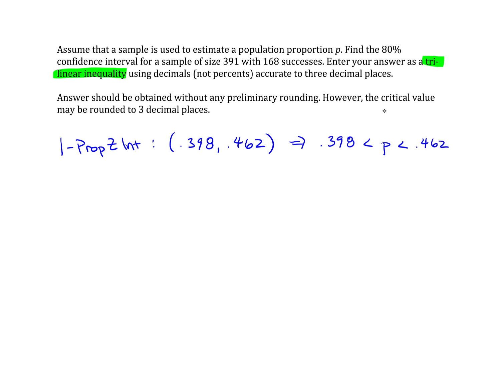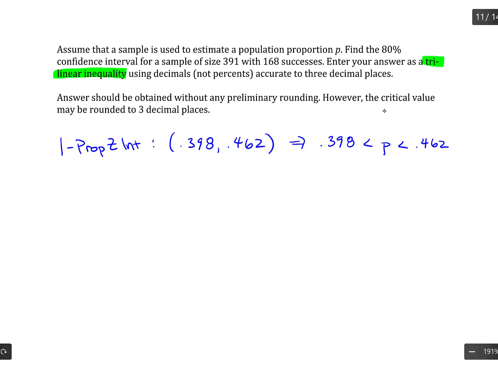So what we're saying is the population parameter p, so the true proportion of what's being studied here, is somewhere between 39.8% and 46.2%. So that right there is your final answer if you're allowed to use the calculator that much.